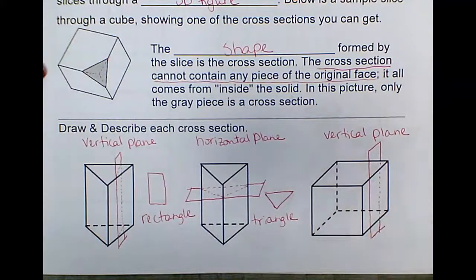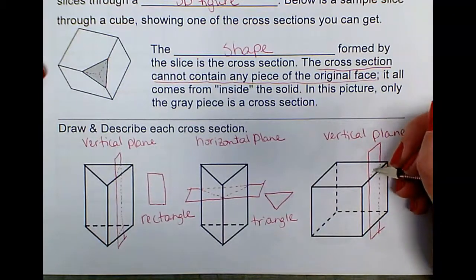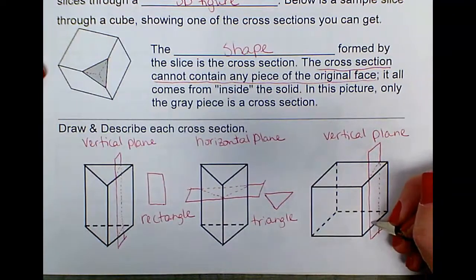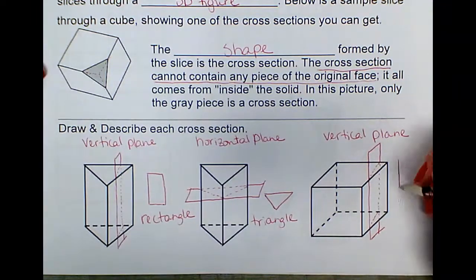Like that. And it's slicing through here and here. So this piece it's slicing off, and it looks very closely related to this one over here because what's left is a rectangle.